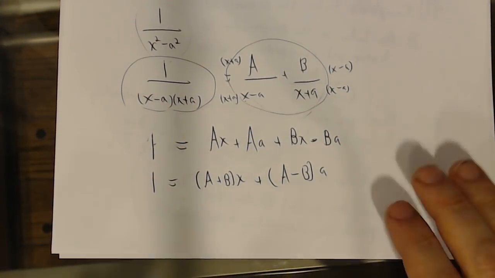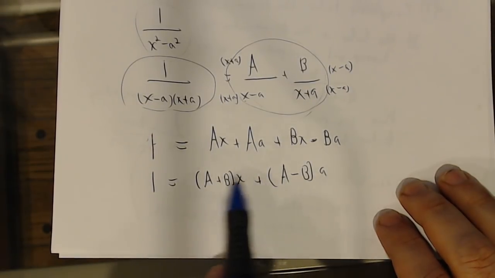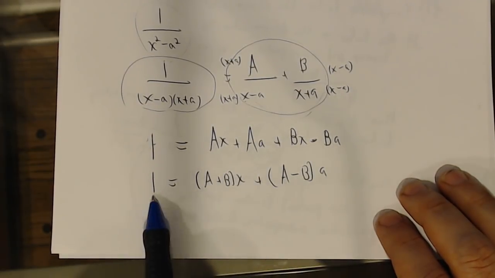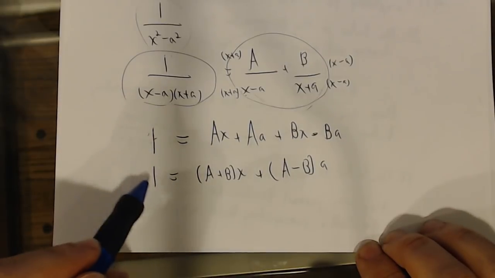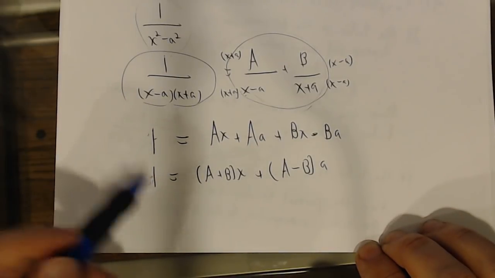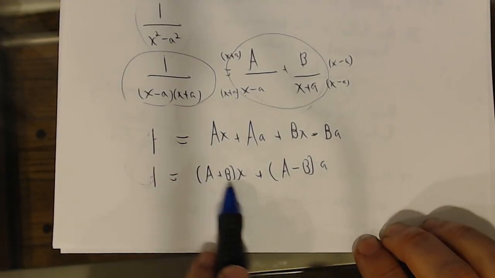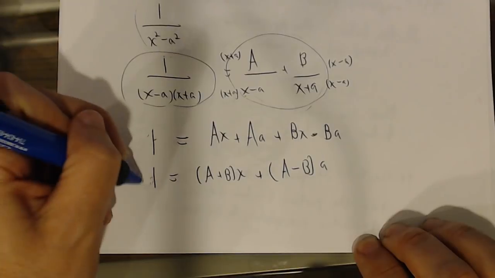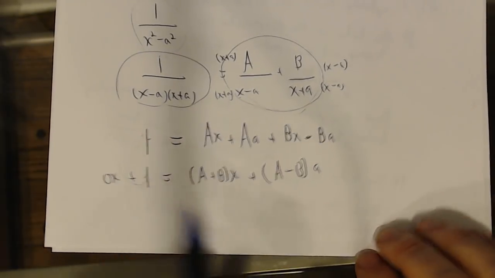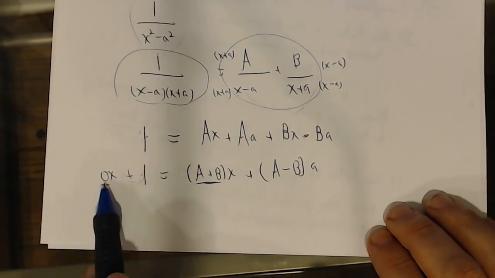Now I need to figure out what A and B need to be so that this ends up looking like 1. Think of it this way: if I look at the left side of the equation, do I see an x? The answer is obviously no. So this A plus B that's tied to the x, I want it to go away, because I have 0x on the left.